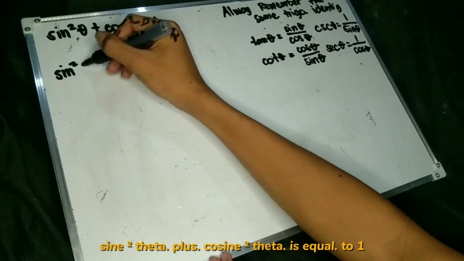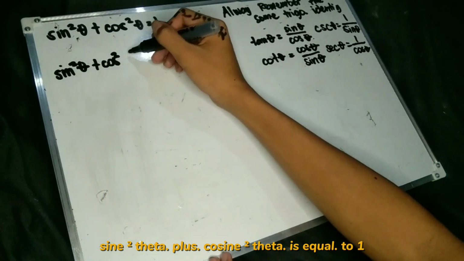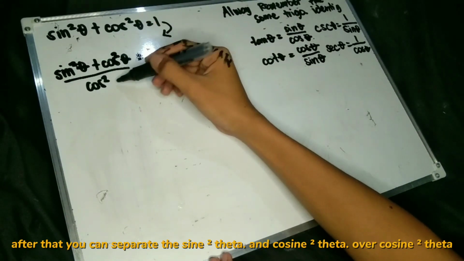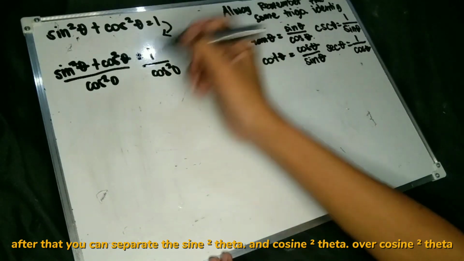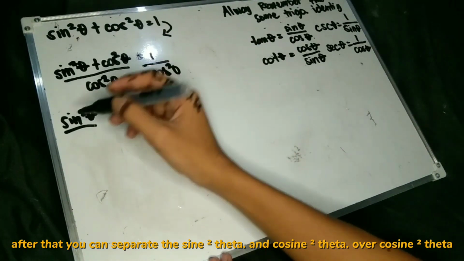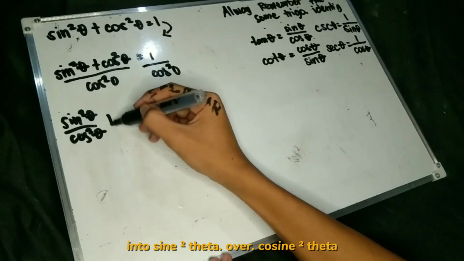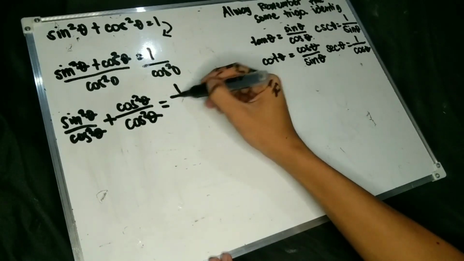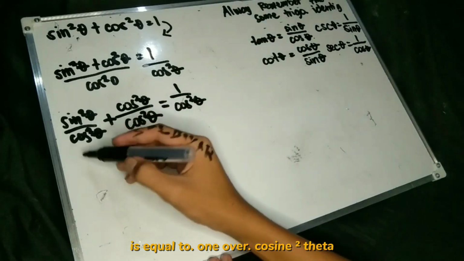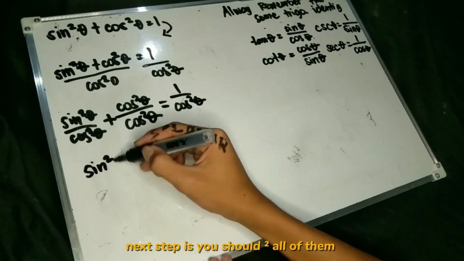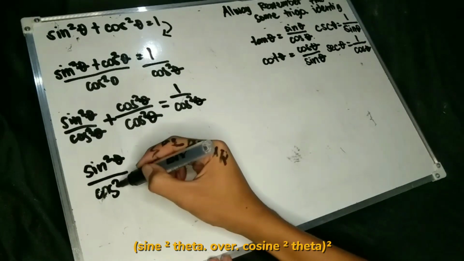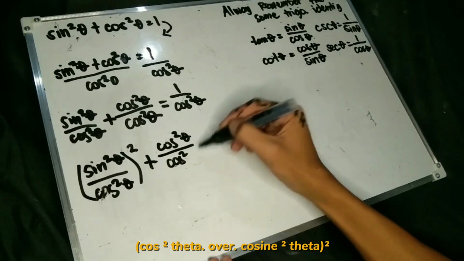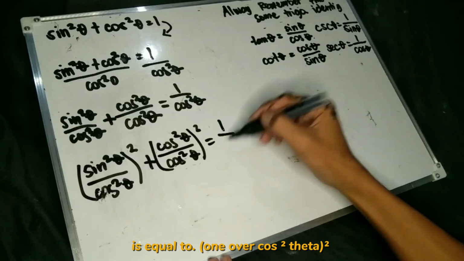Sin squared theta plus cosine squared theta is equal to 1. Dividing both sides by cosine squared theta, you can separate it into sin squared theta over cosine squared theta plus cosine squared theta over cosine squared theta is equal to 1 over cosine squared theta.